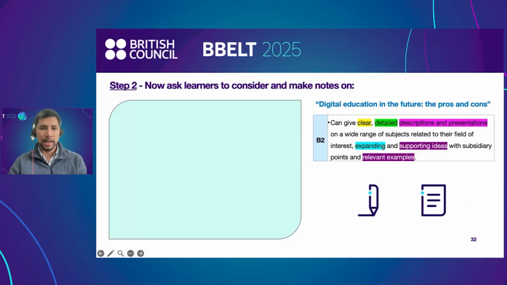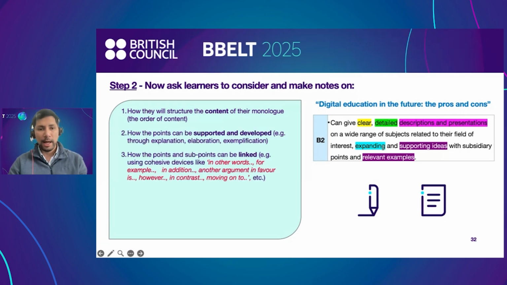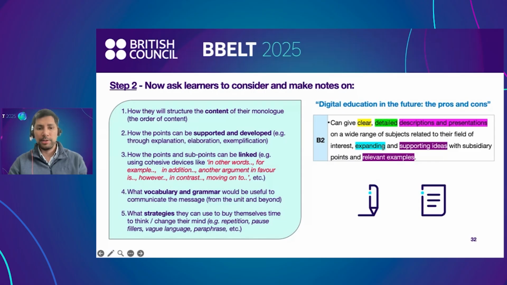And then the second step would be to ask learners to consider and make notes on how they'll structure the content of their monologue, how the points can be supported and developed, how the points and subpoints can be linked, what vocabulary and grammar would be useful to communicate the message, and what strategies would support them in carrying out the task. So as you can see here, most of these elements directly relate to the abilities described in the descriptor there.